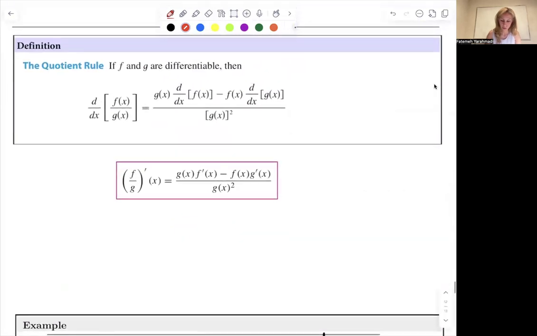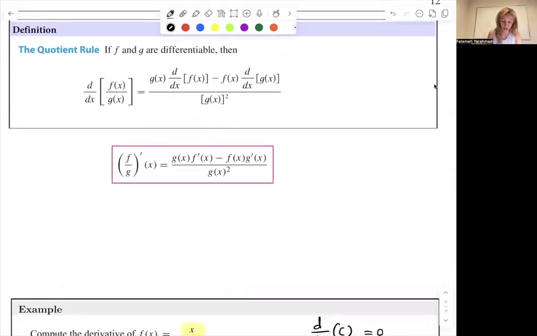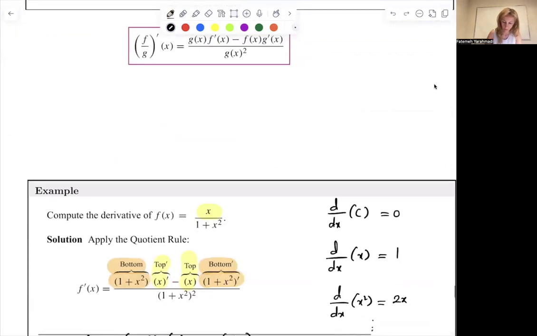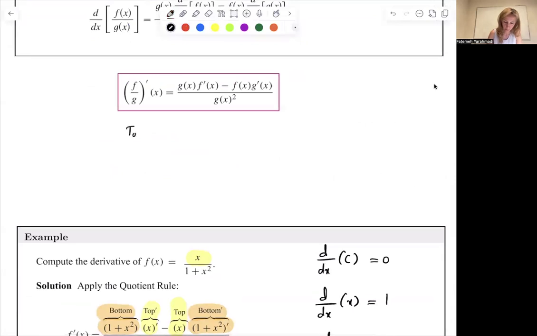Again, take a look at this important formula, f divided by g prime, or in general, you can write this as the top divided by the bottom.